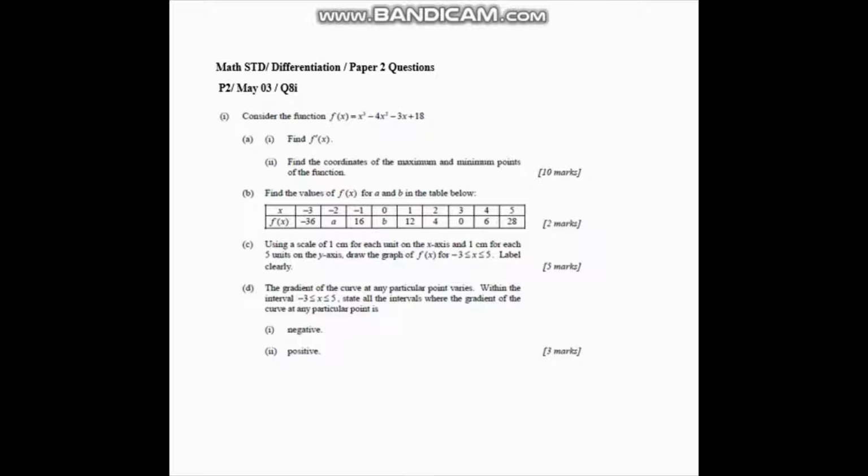The gradient of the curve at any particular point varies. Within the interval -3 to 5, state all the intervals where the gradient is positive and negative. So we want to look at the curve and see where the gradient is negative and where it is positive. This has to do with whether the function is increasing or decreasing.